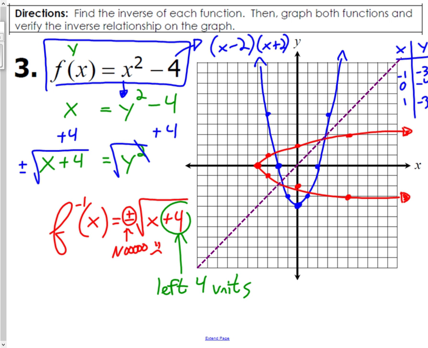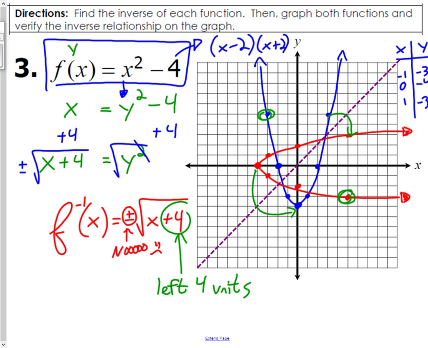We can double check that that is a reflection over the line y equals x. It's a bit messier here, but you want to double check that your points are all reflections. Some of them are quick and easy to find. There's one there. You can look at the vertices here. There's a reflection there. Likewise, we've got this point here, reflects down to that point there, so on and so forth. So more going on, but still something that we can double check.